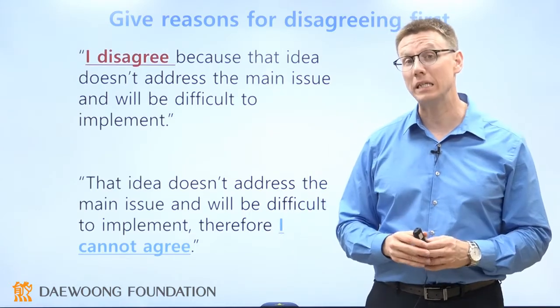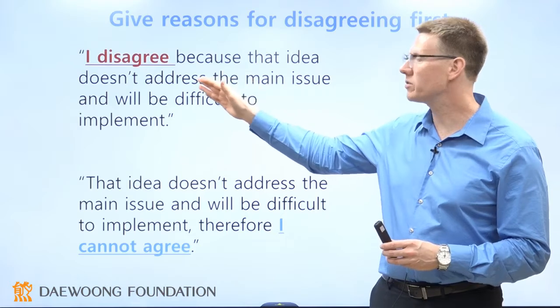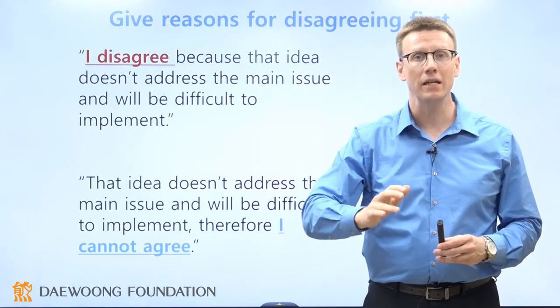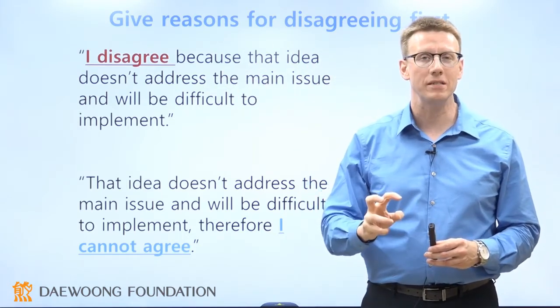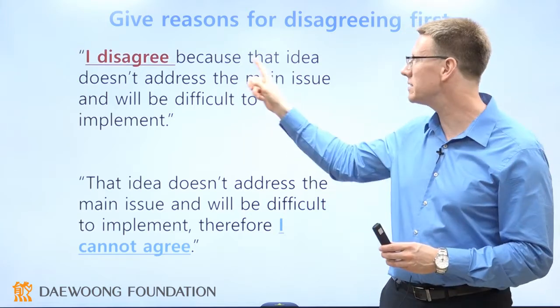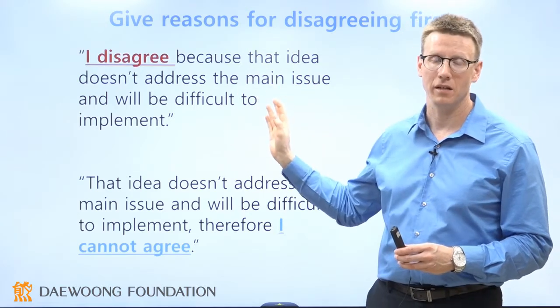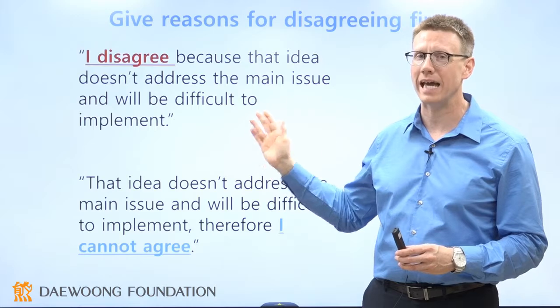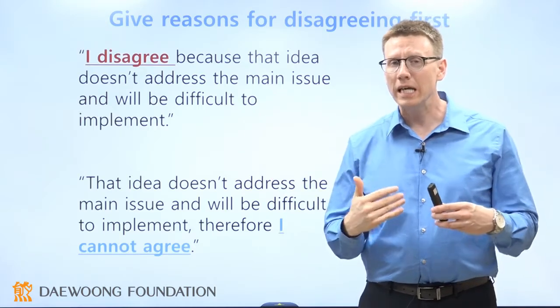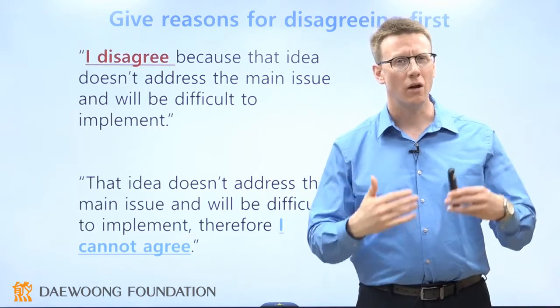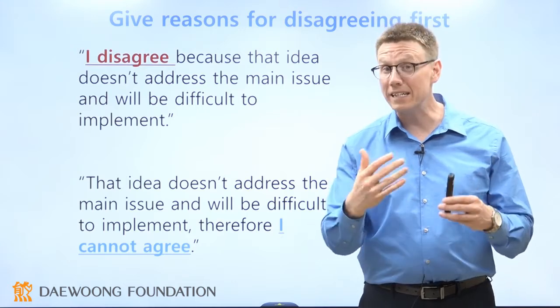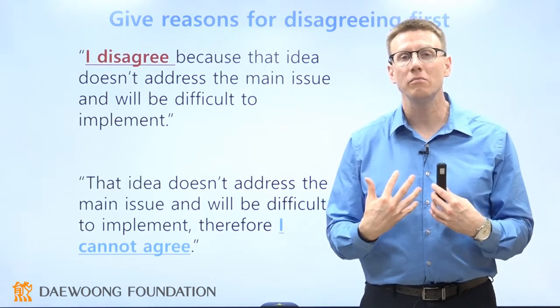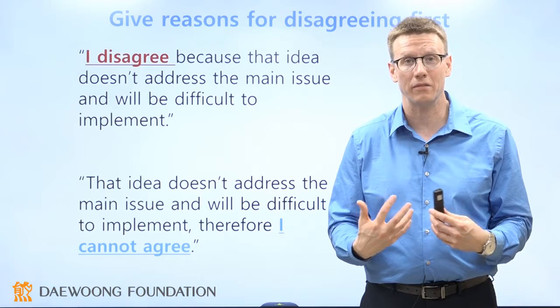We do this because whenever we tell someone, I disagree, usually what happens is they don't listen to what you say after that. They're not interested in what you have to say after the disagreement part, because hearing the words, I disagree, or I don't like that idea, or I can't accept that, that usually makes the other person feel quite bad and feel negative.